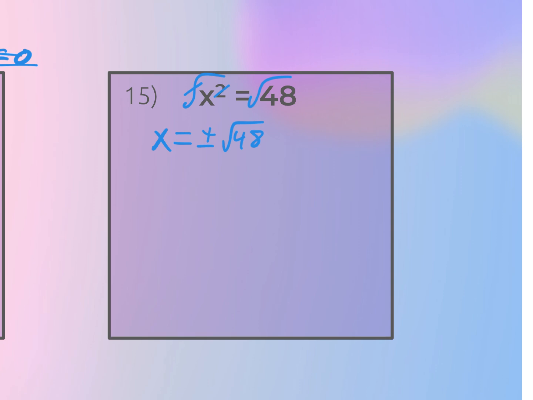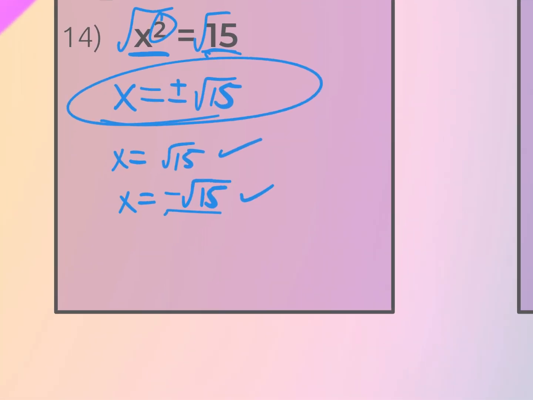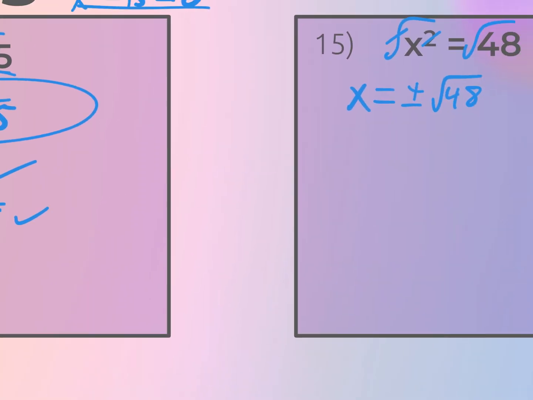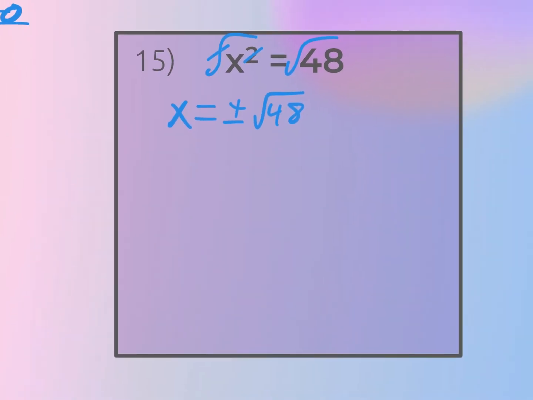And now we have to check if the square root of 48 can be simplified any more. I didn't do it for the last problem, even though I should have. So if you look at square root of 15, can that simplify at all? Is 15 a perfect square, or does 15 have factors that are perfect squares? No, so we leave it alone. But when you look at 48, it does have factors that are perfect squares.